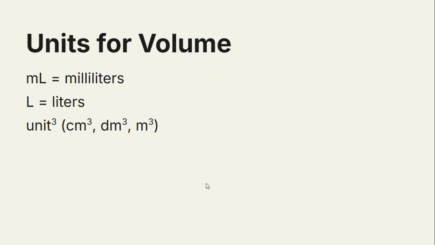So units that are going to be seen for volume when we get into calculations later: milliliters, liters, and then any unit cubed. Those are all going to be units for volume. So when I say a unit cubed, like cubic centimeters, cubic decimeters, cubic meters, those are going to be units for volume. Typically, liters is the one that we use.